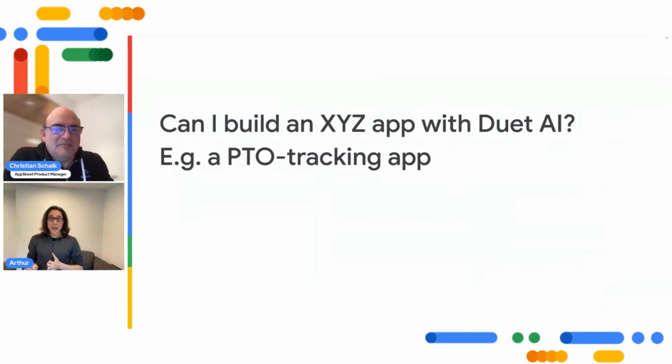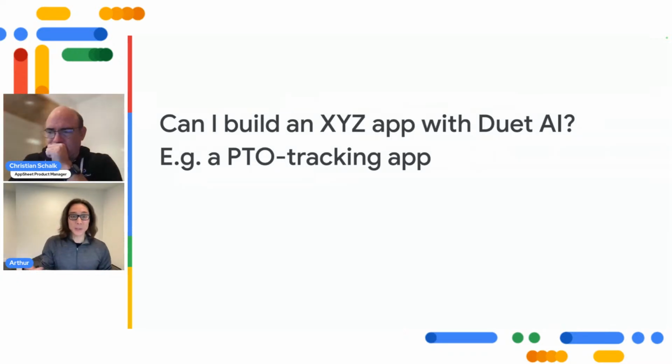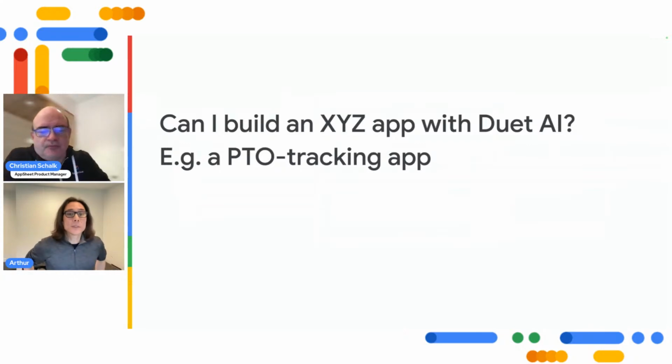Some of you are asking specifically, can I build a specific app with Duet AI? Examples that came up: can I build a PTO tracking app? PTO means paid time off, right? So you're requesting vacation or sick days, and someone needs to approve. Can you create that with Duet AI?